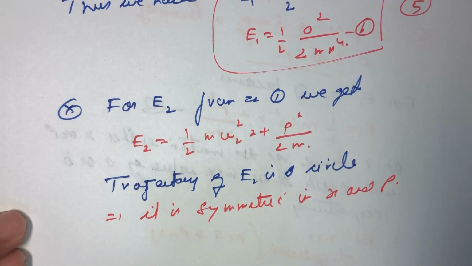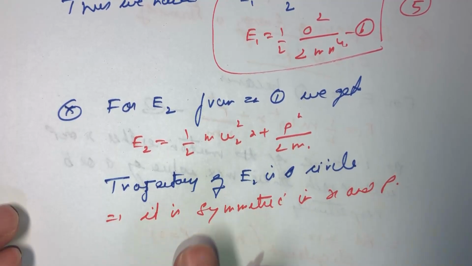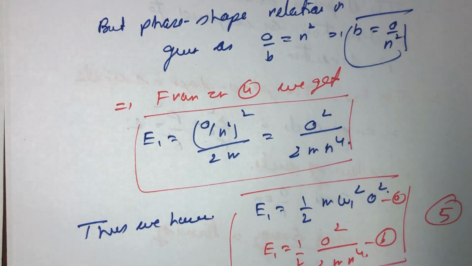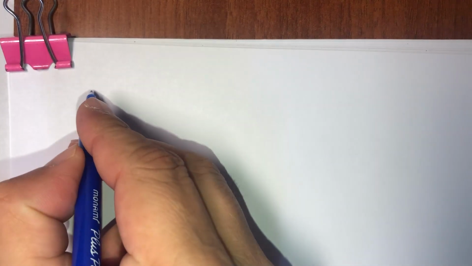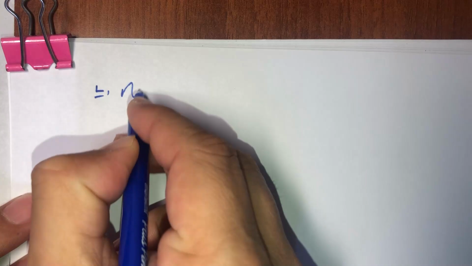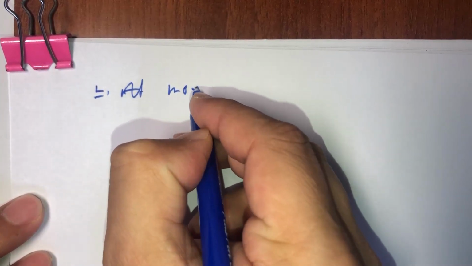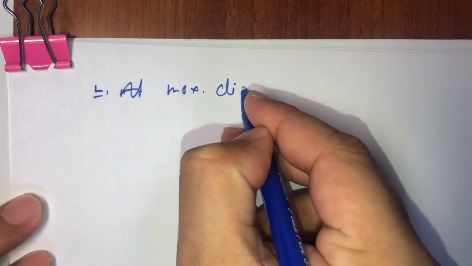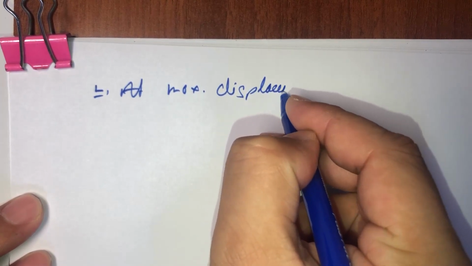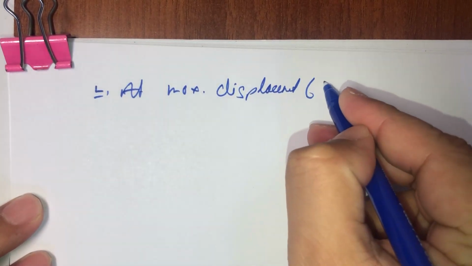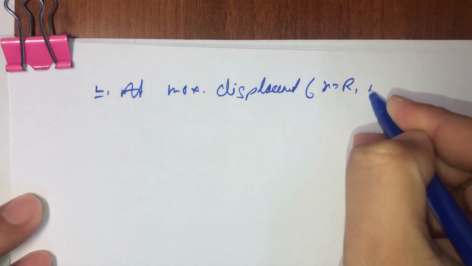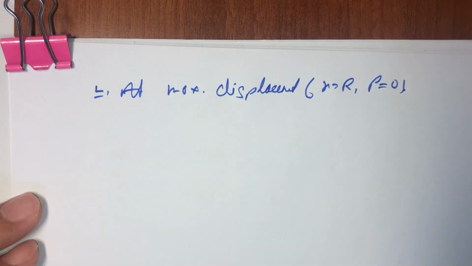So once again we are going to find out maximum displacement in terms of x and maximum displacement in terms of p. Therefore, we write that at maximum displacement, we are going to have x is equal to r and p will be equal to 0.